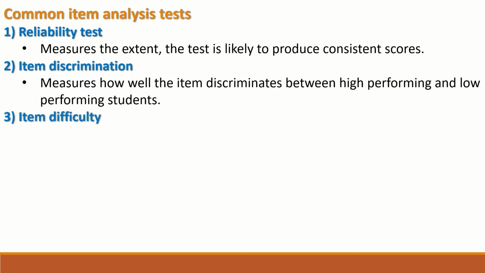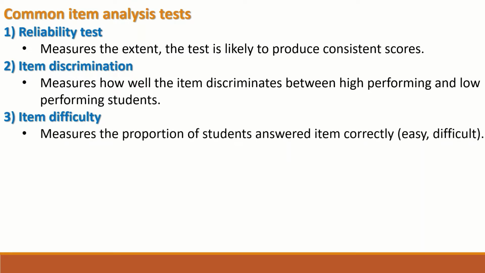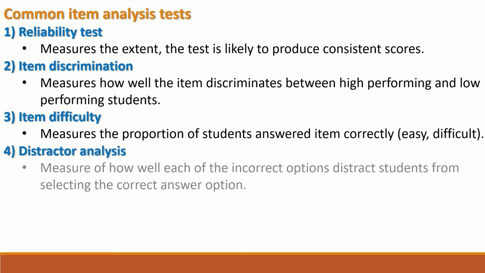The third test is the item difficulty, which measures the proportion of the students who answered the item correctly, so it measures whether the question is easy or difficult. And finally, the last component is distractor analysis. This measures how well each of the incorrect answer options distracts the student from selecting the correct answer option.